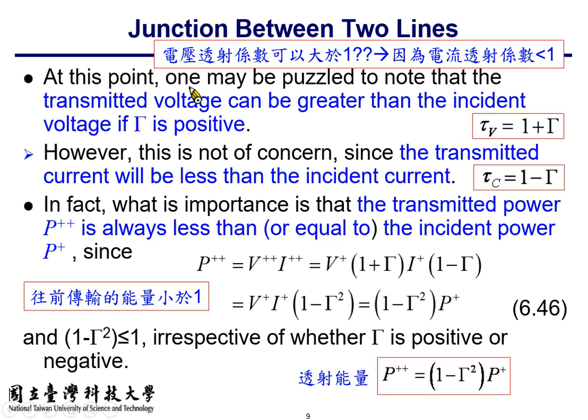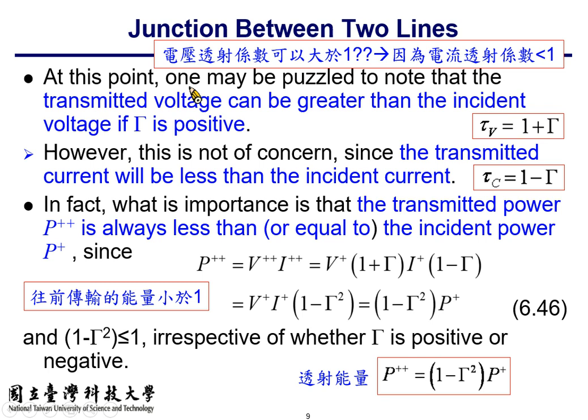The difference between incident and reflected power is the transmitted power, which is always smaller than P plus, because 1 minus gamma squared is a number less than or equal to 1.